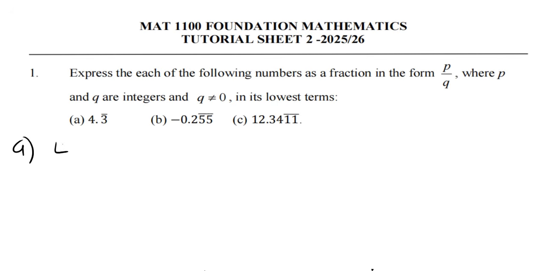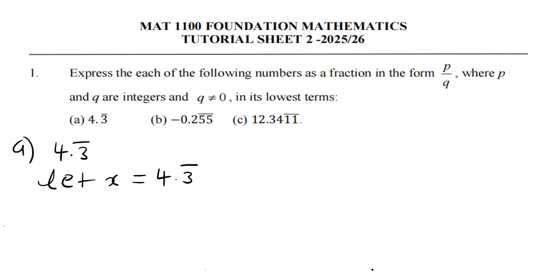We've got 4.3 repeating. Okay, in this case, what am I going to do? I can choose any letter. I can say I'm going to get x. So let x be equal to the same expression. Now the next step is to multiply by 10 on both sides.